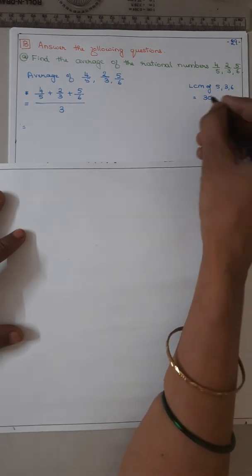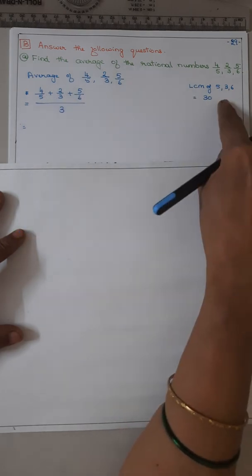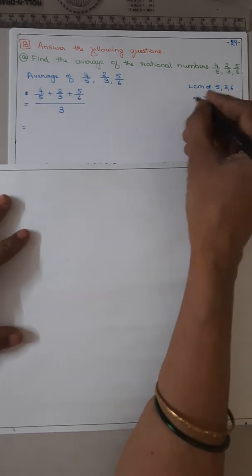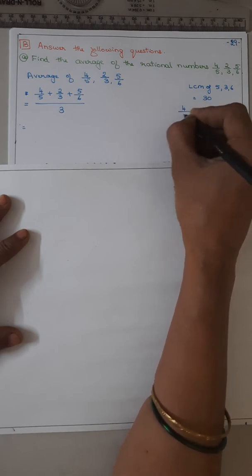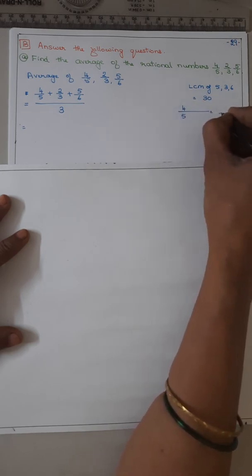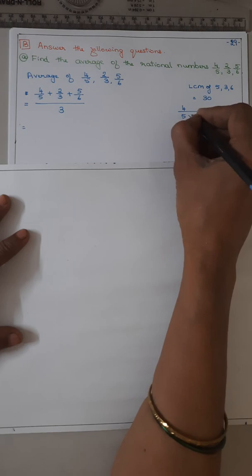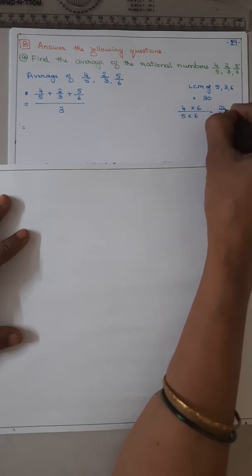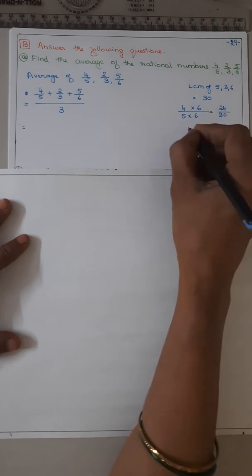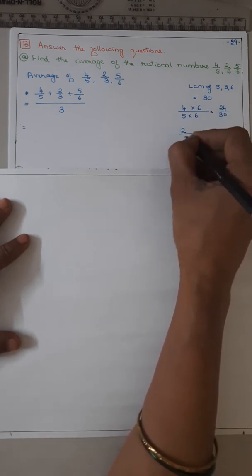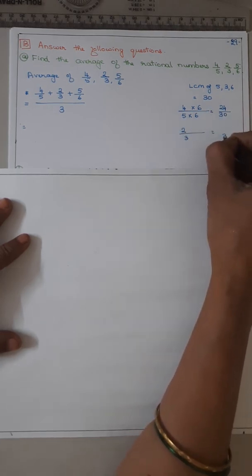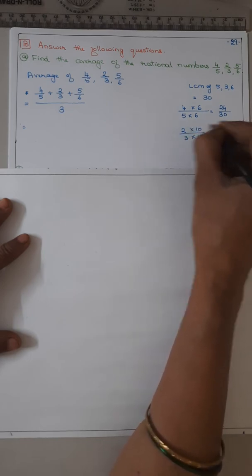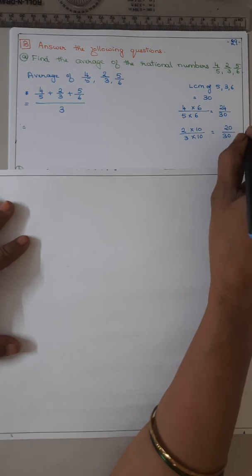Now convert all these into the denominator 30. 4 by 5: 5 6s are 30, 4 6s are 24. Now 2 by 3: 3 10s are 30, 2 10s are 20.